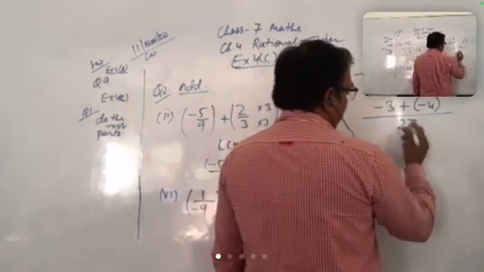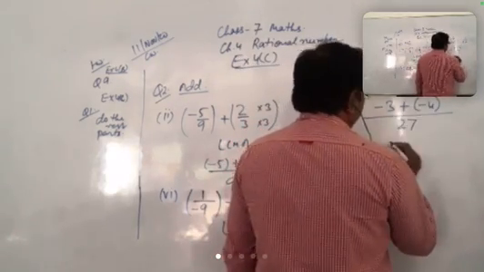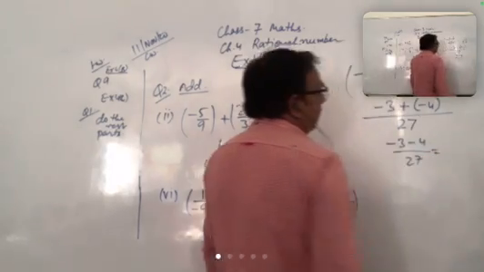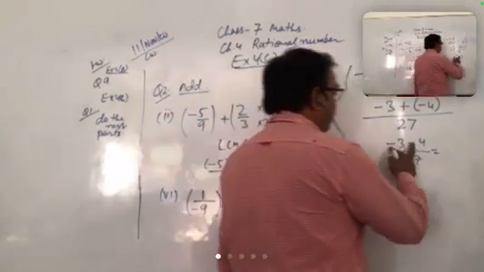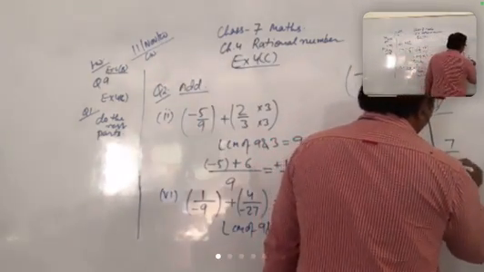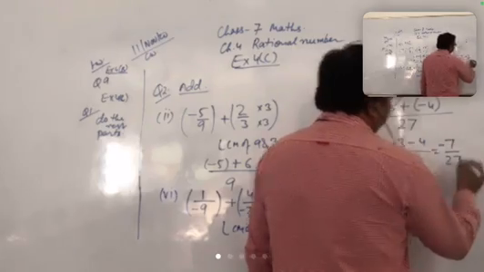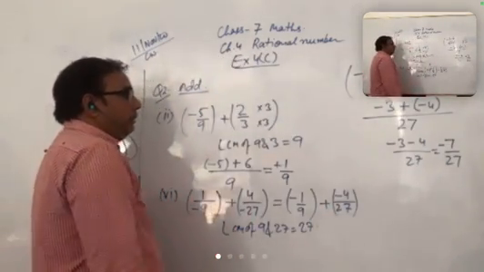Now if we remove this bracket, then it will be minus 3 minus 4 upon 27. And minus 3 minus 4: minus minus is plus, so it will be 7 upon 27. And by using the bigger number sign, it will be minus 7 upon 27. Is it clear to all?